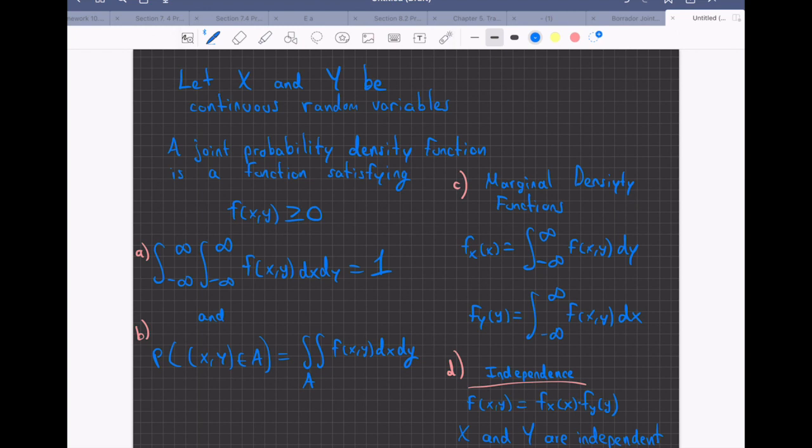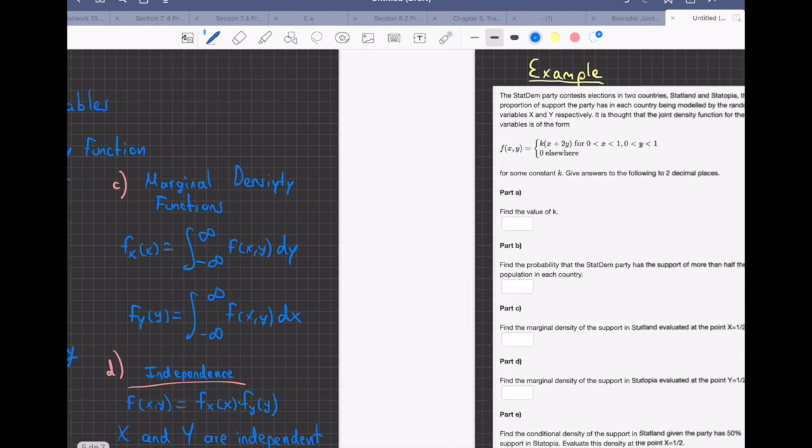So you can see that this is similar to the discrete case, but here we have to be using integrals. Okay, so let's see one example to understand this better.